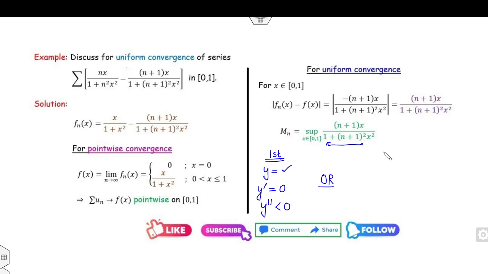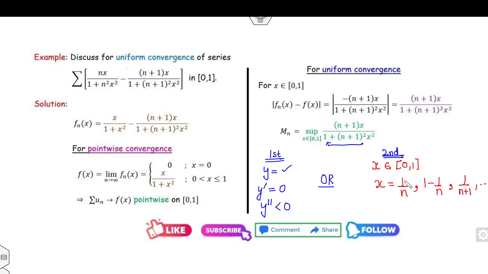Or the second method, which is quite easy and interesting. In this particular example, my domain is [0, 1]. You can choose any subsequence in between them. It may be 1 over n, it may be 1 minus 1 over n, it may be 1 over n plus 1, or it may be anything. Fine.